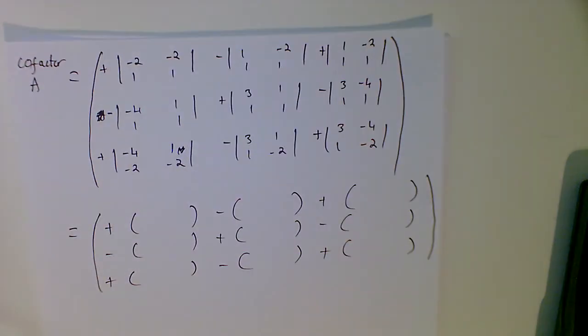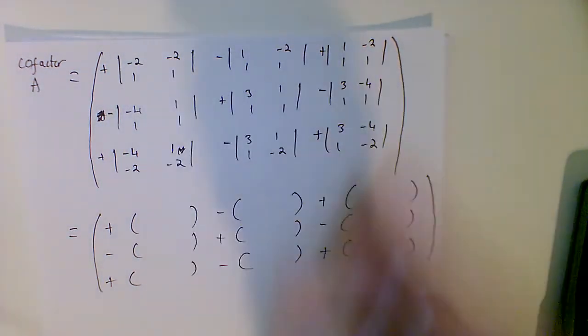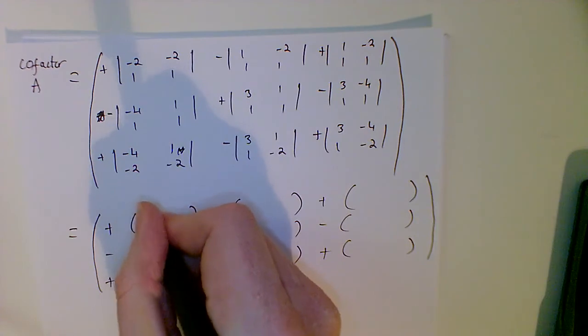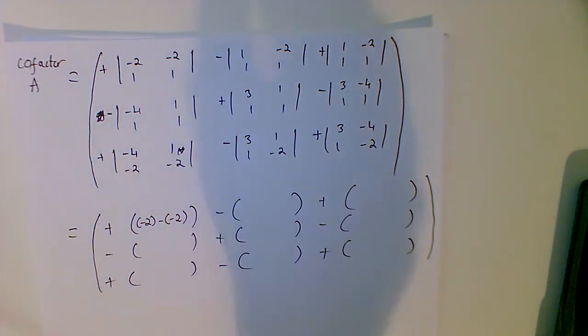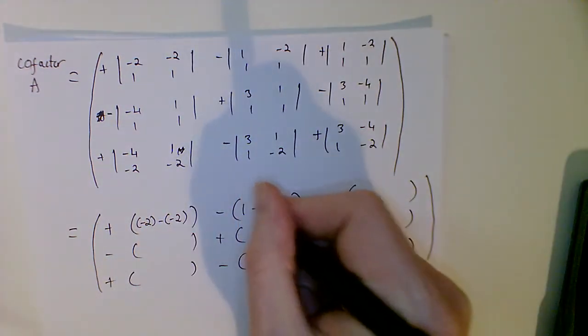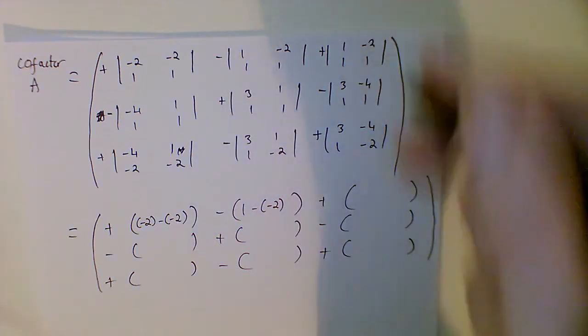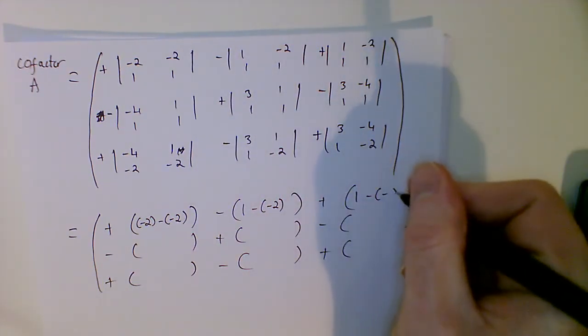Okay, so I've just made my cofactor matrix of all those minor matrices, and I've just made the setup of what happens. Remember, minor matrix, AD take away BC, so that's -2 take away -2, that's 1 take away -2, and that there is 1 take away -2.